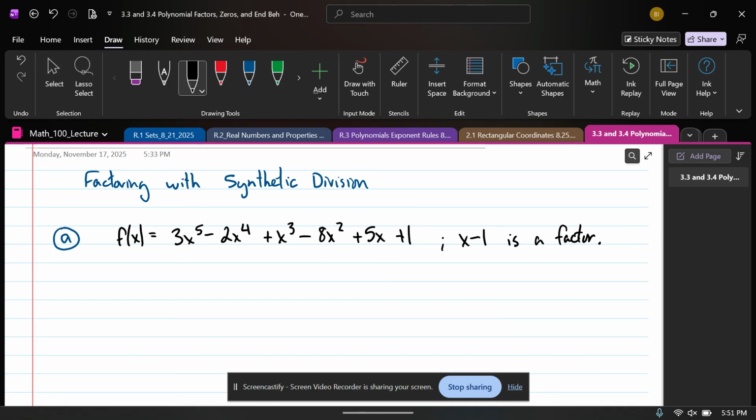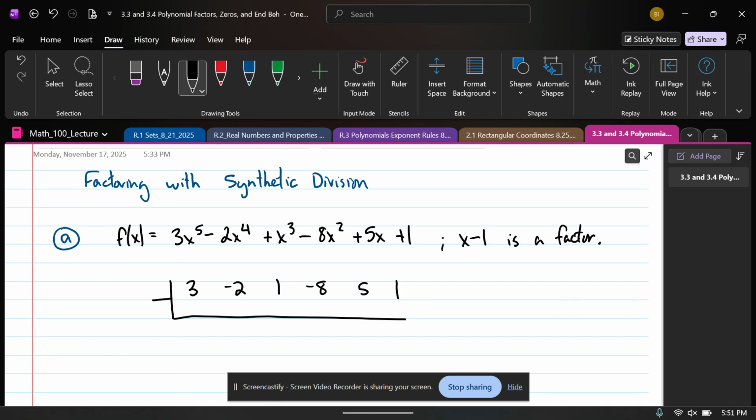So I'm going to set up synthetic division for this polynomial. I've got 3, -2, 1, -8, 5, 1. I didn't have to put any zeros in there because I didn't have a missing piece. It started with x to the 5th power, then I had x to the 4th, 3rd, 2nd, 1st, and then a plain number.